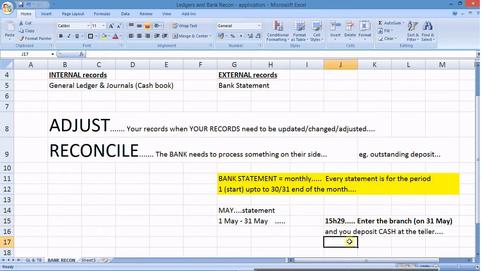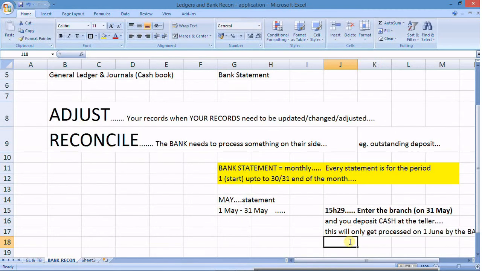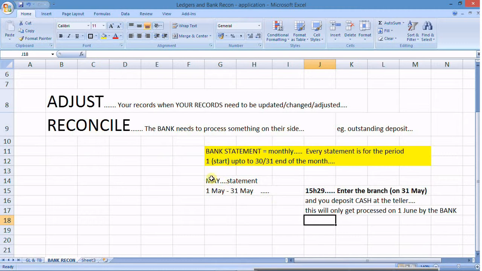So this will only get processed on 1st June by the bank. Does that make sense? That makes sense. But what would you have recorded in your books? The deposit on the 31st of May. Exactly.